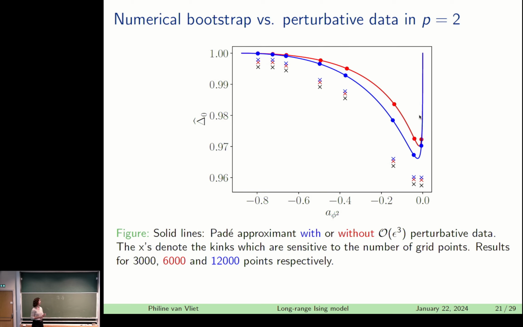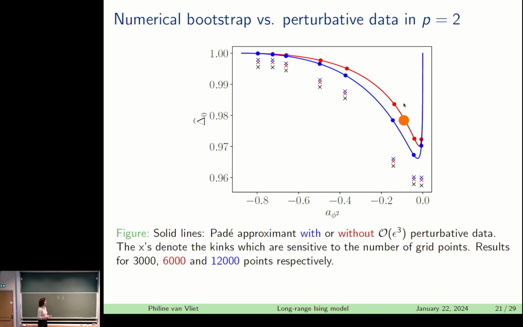So in blue, we see the Padé approximant where we used up to order epsilon cubed data from the mean field theory and up to order delta data from the conformal perturbation theory at the short-range Ising side. And in red, it's the same, but now without the order epsilon cubed data. So you see that computing this one extra order in perturbation theory using this analytical bootstrap that I only mentioned in words really improves the values that we can get.